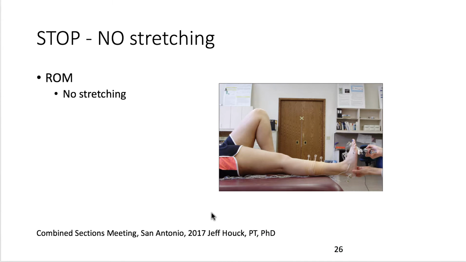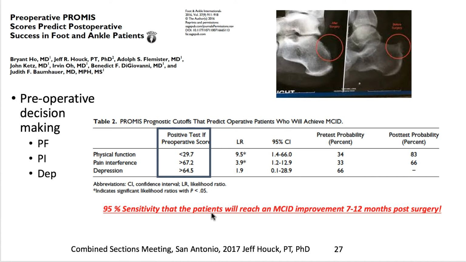We include no stretching because there's nothing indicating that would help these individuals. And finally, we leave you with some thoughts on referral or advice for patients that are going for surgery. Here's a picture of the surgery that people undergo at our institution.